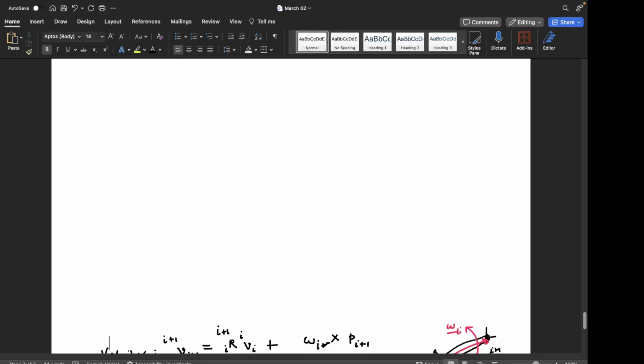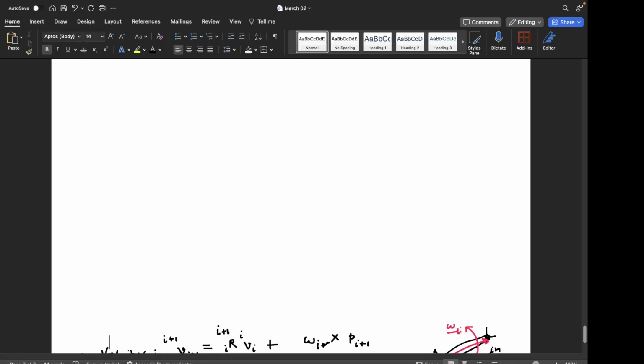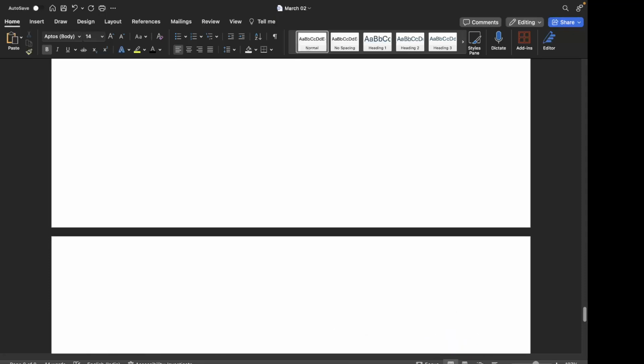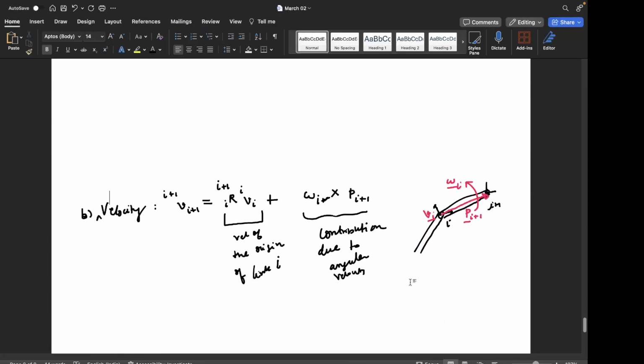Then since theta 1 dot is not zero, because of that theta 2 dot will have some angular velocity, no sir? So you're saying that joint 2 and joint 3 are fixed, right?